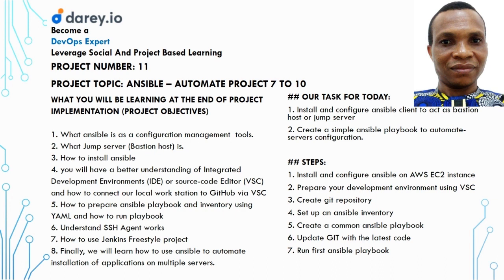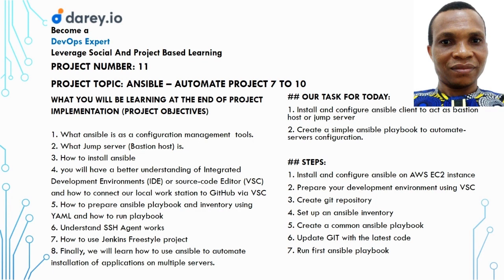Let's look at the many steps that we will be taking. We broke the steps into 7. Number 1 will be install and configure Ansible on AWS EC2 instance. Configure your development environment using VSC. Create a Git repository. Set up an Ansible inventory.